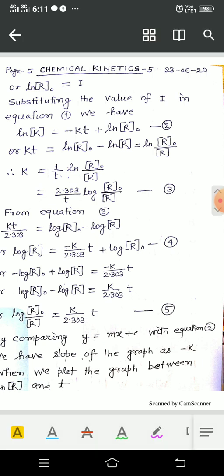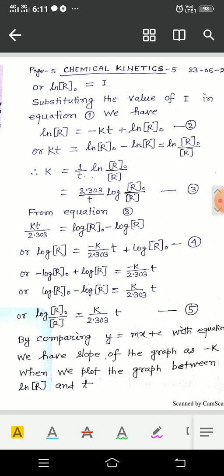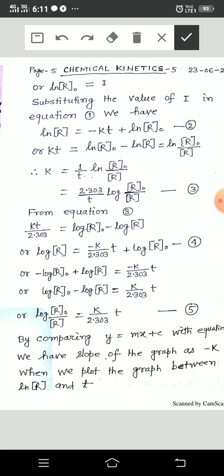Here we have the slope of the graph as minus k. Just compare this with equation 2: ln R is y, minus k is m, t is x, and ln of the initial concentration is c.